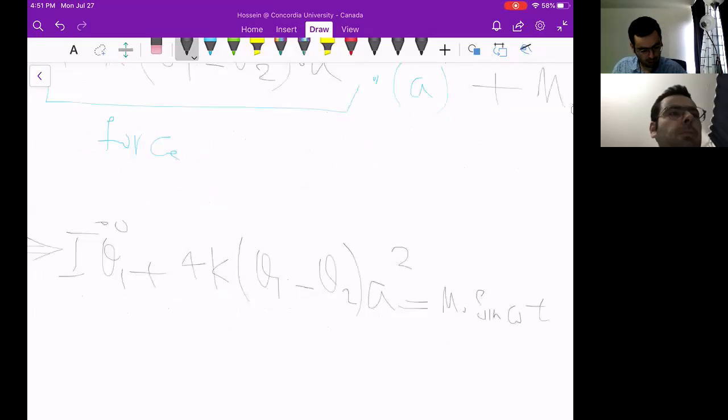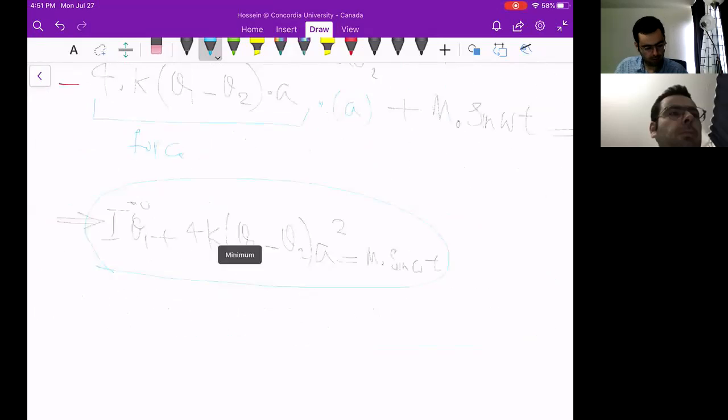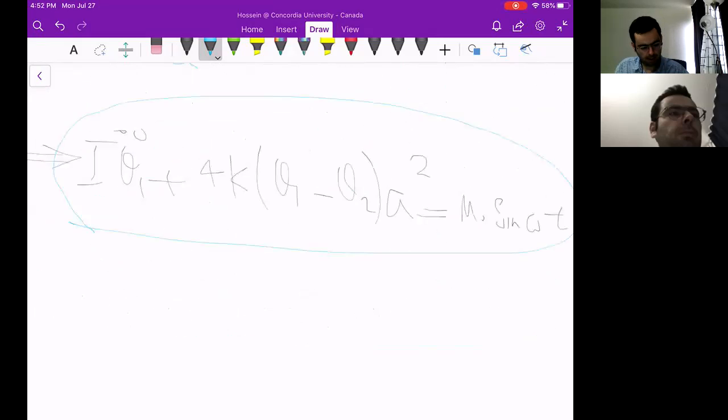This is the first equation of motion for the flywheel, and similarly you could derive the equation of motion for the absorber mass, the torsional absorber mass.